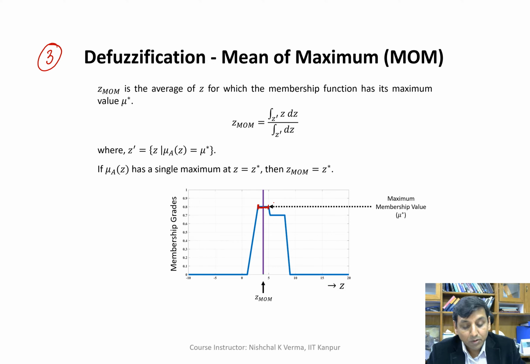We basically divide this into two here, because we are taking the mean of maximum. So we take the maximum and then we take the mid value, and the value corresponding to this we take as the crisp equivalent to the fuzzy value that we are converting. So this is the crisp value as the output.